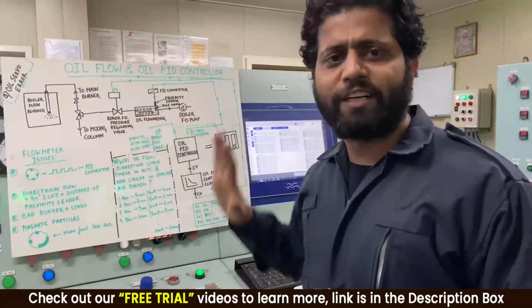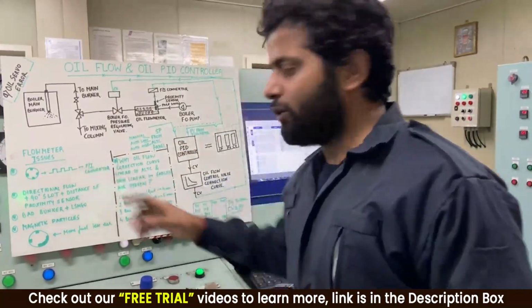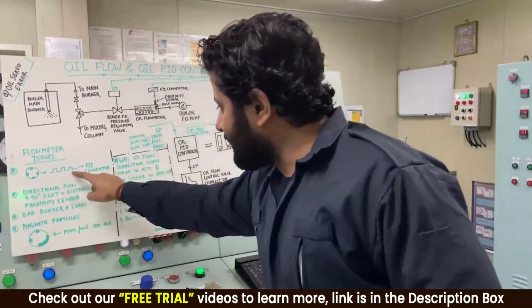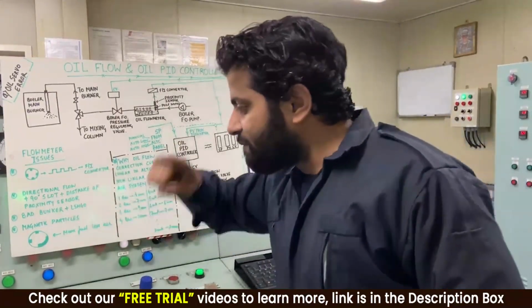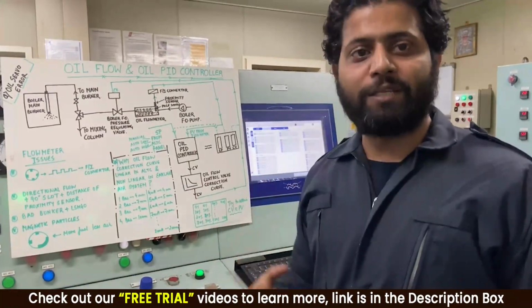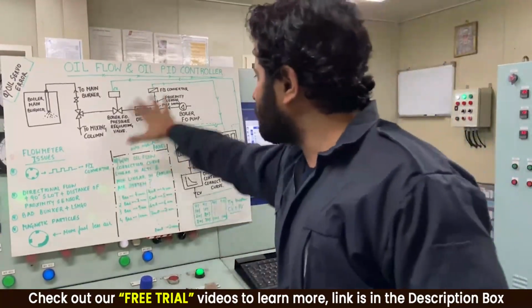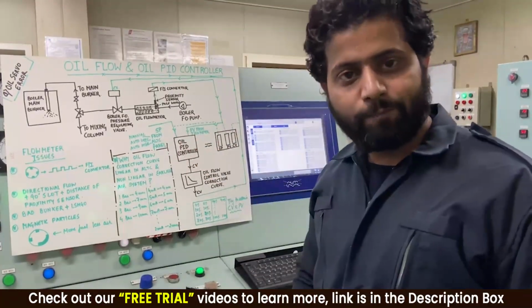All the calculations are fitted inside. Say there have been 4 pulsations in 1 minute. That means only one complete revolution has been taken in 1 minute, so accordingly the flow rate has been decided. Everything is calculated, measured, and it comes as a process value to this controller, right?